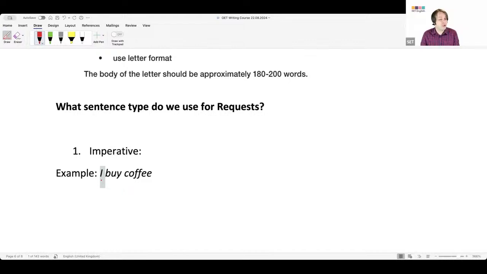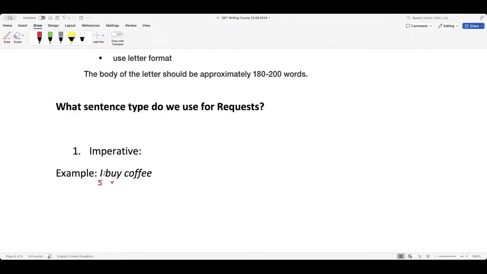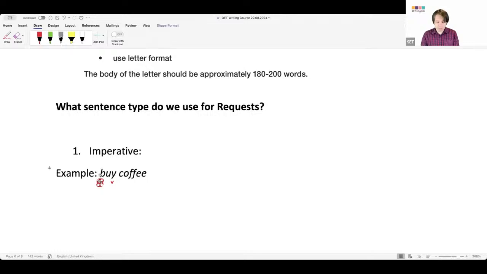Well, look at the structure. This is the subject, right? This is the verb. In an imperative, do we need a subject in the imperative form? Everyone, do I need a subject in imperative? No, just the verb. Right. So when you delete the subject, that is an imperative.